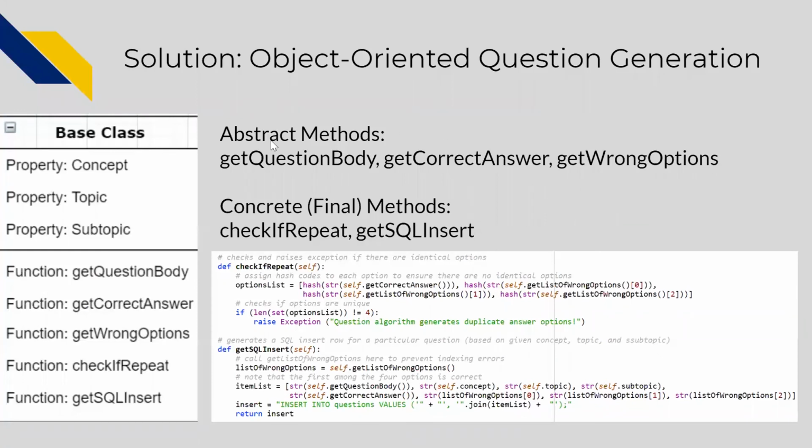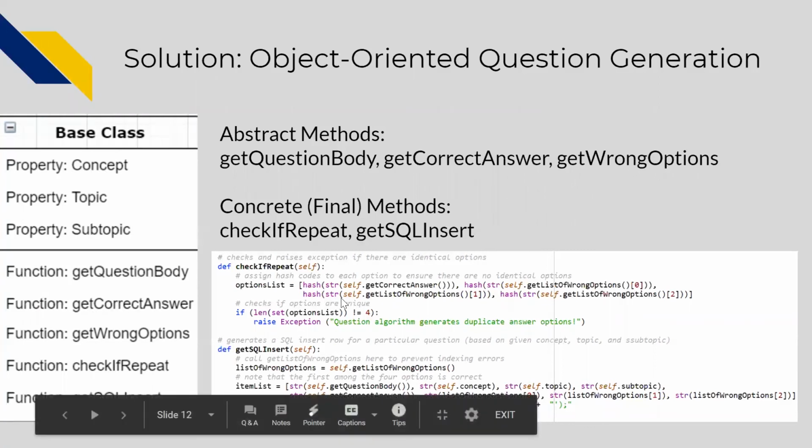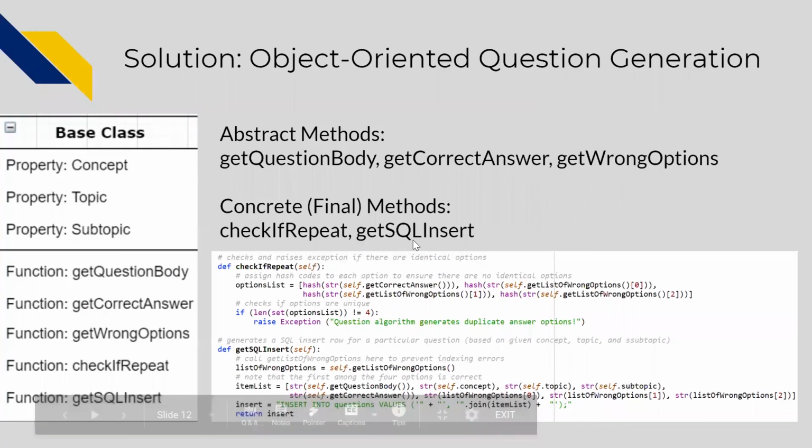The base class, which all of the subclasses or question types inherit from, is this class right over here on the left, which you see there are three main properties: concept, topic, and subtopic to become more specific. And there are 5 functions: get question body, get correct answer, get wrong options, check if repeat, and get SQL insert, which will be used by all of the subclasses or question types.